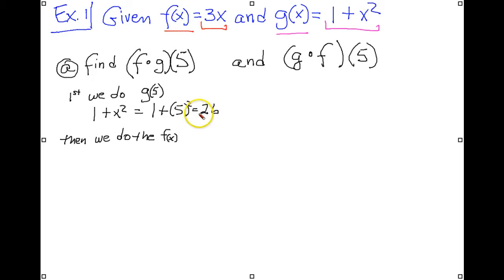Now that we know our new x value, we're going to do the f of x, and its x is going to be 26. So we do 3 times, remember this is 3x, and we say our x now, as part of the composite function, is 26, and that will give us a 78.